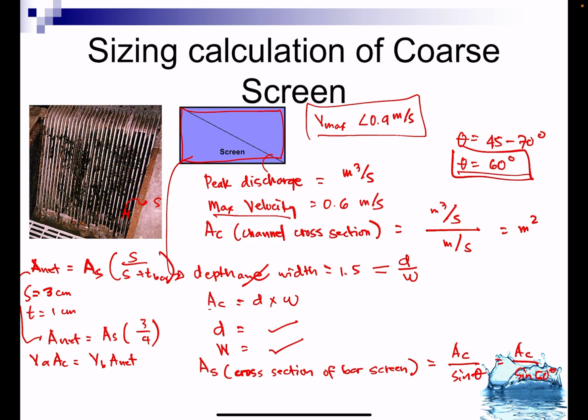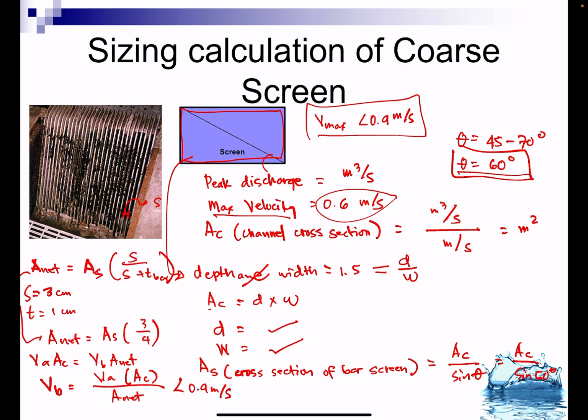So your VB is VA, the maximum velocity, the 0.6 there a while back, times the cross-sectional area divided by the net area. If your answer is less than 0.9, you're good then with your assumptions. Okay. Once you know this, you know already the cross-sectional area of the screen.